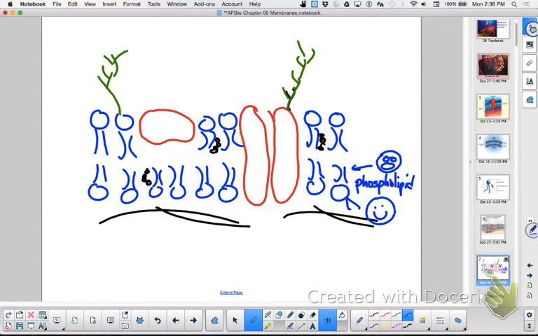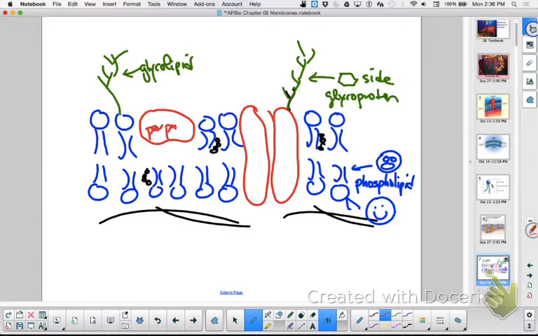What is this right here? The carbohydrate side chain, good. If it's attached to a protein, it's called a glyco. And this would be a lipid. This right here would be a peripheral protein, and this would be an integral. Did I get it? I got it. What would this black be right here?